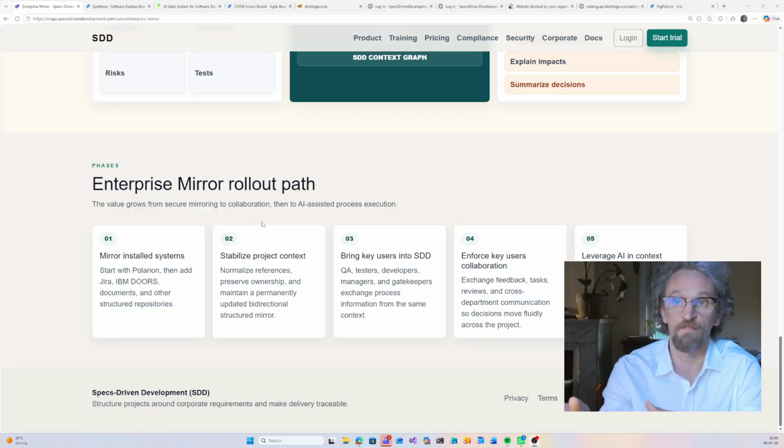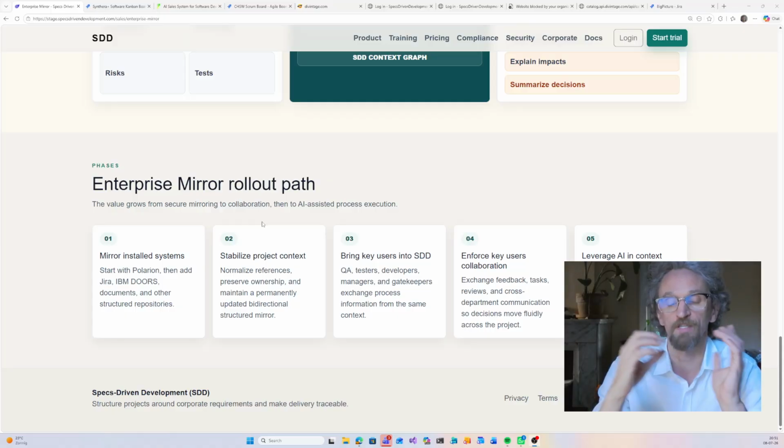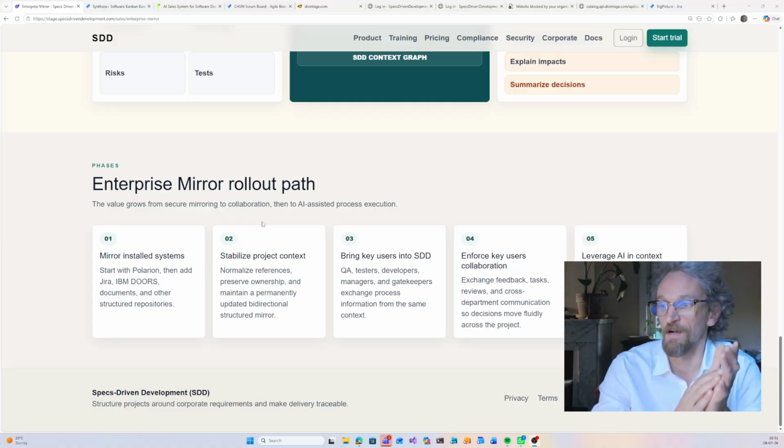Here we are on SpecsDrivenDevelopment.com because I was early on this idea. Now it's a concept. It's not only about my product, it's also a process that you can leverage without the product, because it's a way of thinking. It's like the next generation of lean process, but with automation and AI inside.